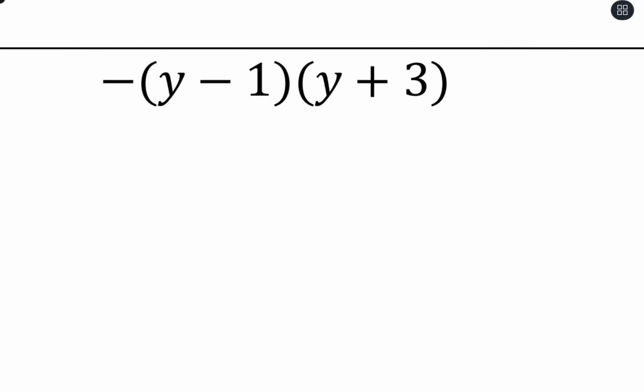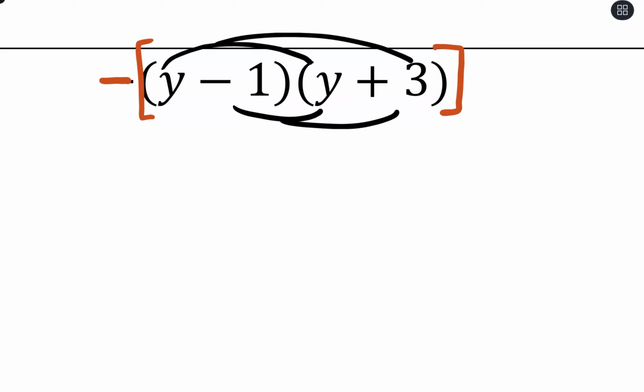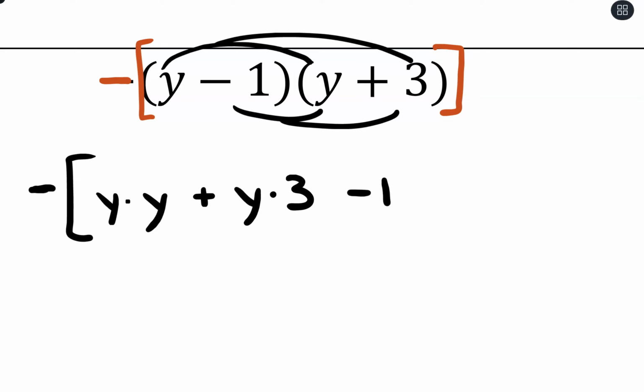Okay, with this next one, we're going to FOIL. Something else I want to see here is that there's this negative symbol out front. So I'm going to go ahead with another set of parentheses. I'm just going to focus on FOILing at the beginning, and then I'll deal with that negative. So first, outer, inner, last. Negative outside, and I'm going to have y times y, plus y times 3, minus 1 times y, minus 1 times 3.